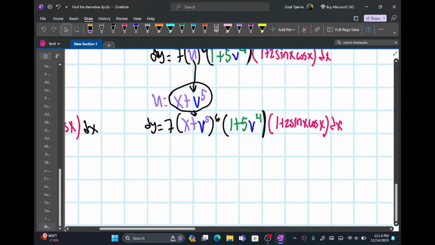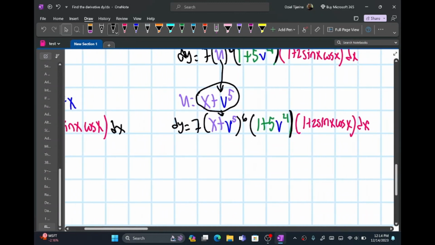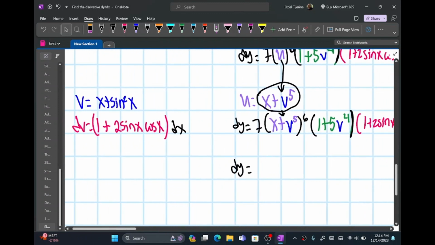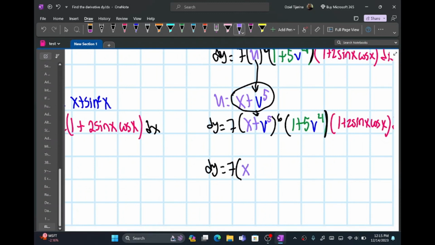So I'm going to say that this will end up being dy equals 7 times the quantity x plus, and we're going to put in the x plus sine squared of x for v.